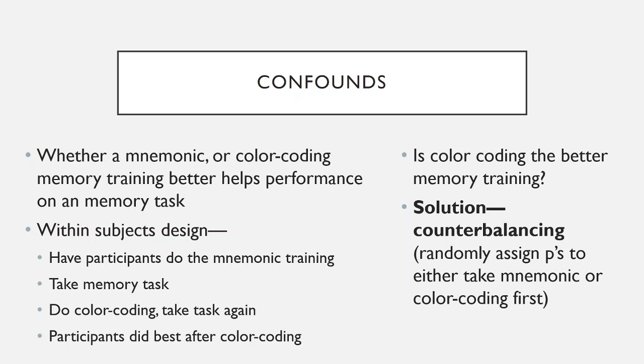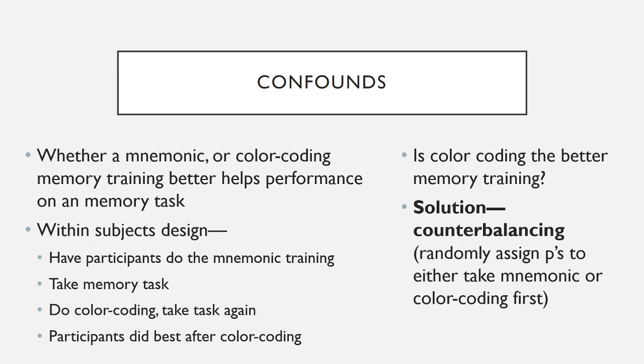In the within subjects design, I can't randomly assign to conditions because participants are all going to see every level of the independent variable. But I can randomly assign them to a specific order of the conditions. And that's what I would need to do to make this within subjects design usable.